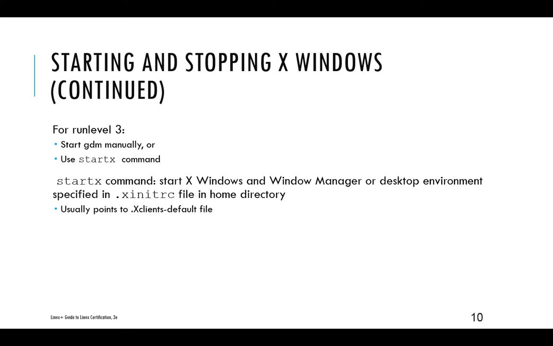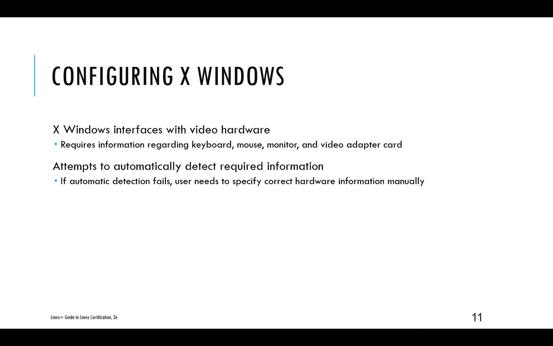So from run level 3, all you have to do at the terminal is type in startx. And then you go right to run level 5. Okay? All it does is it looks at the X initialization file and it says, what am I bringing up? GNOME or KDE? And then it brings it up. So you just got into that terminal. Alright?